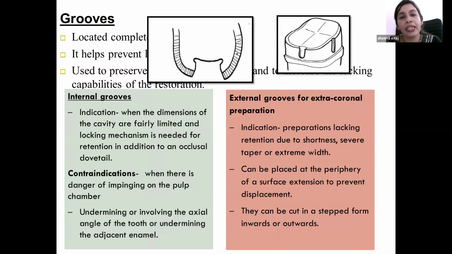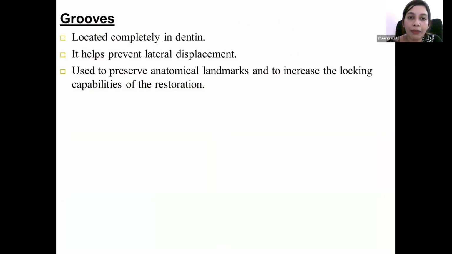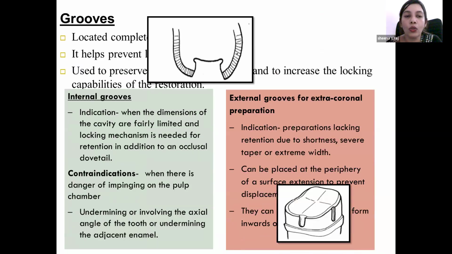In the case of an external groove, you can see in this image, it is placed on the surface of the preparation, especially on the periphery of the surface, to prevent displacement of the tooth. So hope you understood the three things. First, luting cement. Second, reverse bevel. Third, grooves. Grooves are of two types, internal grooves and external grooves.